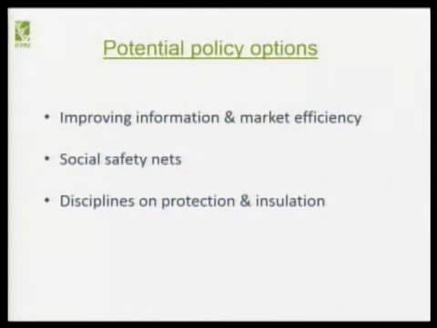Potential policy options, of course: the fundamental dynamics, the long, hard grind of development to raise incomes, is absolutely central to the process of poverty reduction and raising food security. But specifically, information and market efficiency is important, social safety nets for dealing with shocks, and disciplines on protection and insulation.